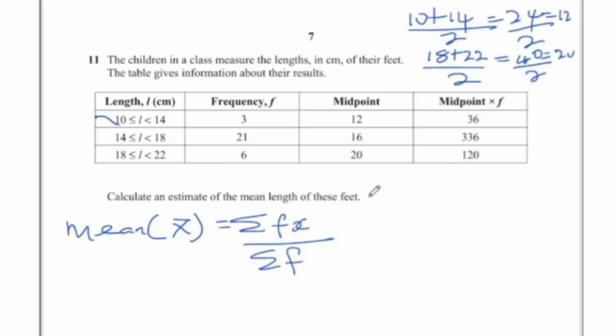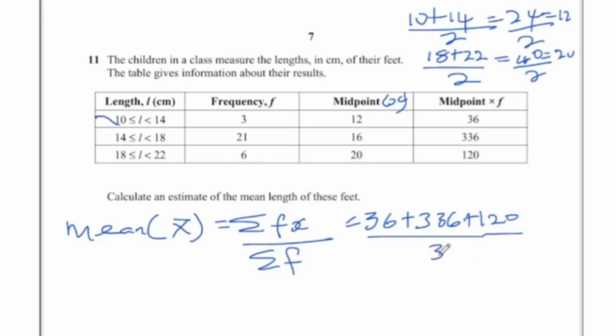We've already done the fx because this is our x already. We multiply x and f. Sigma means we add, so we do 36 plus 336 plus 120, everything divided by the total frequency. 3 plus 21 plus 6 gives us 30.